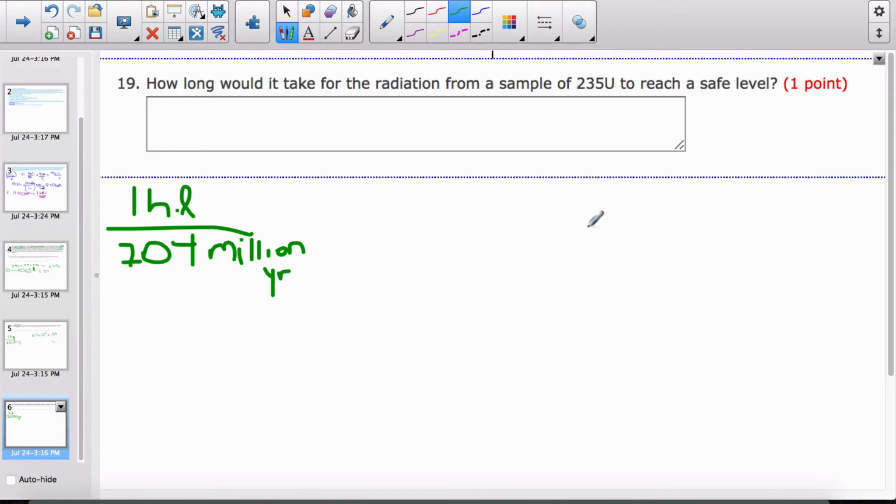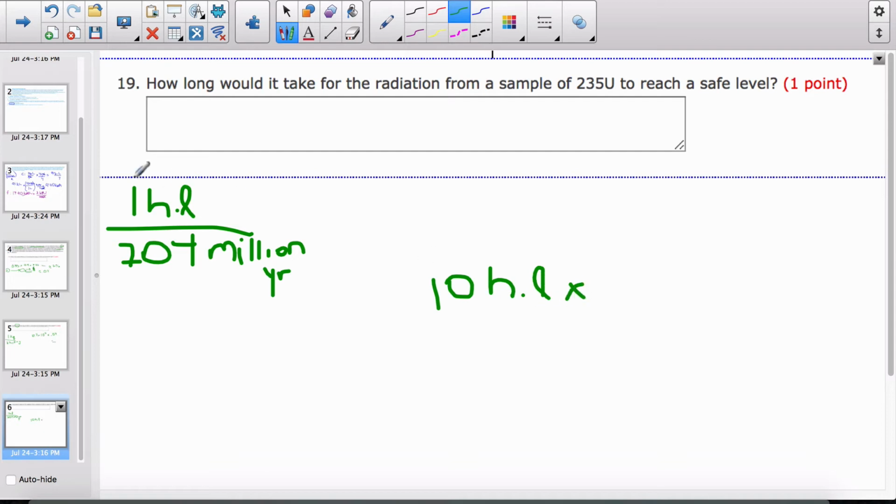I need to get to 10 half-lives, so you already probably know how this is going to work. I know one half-life is 704 million years. In order for it to be safe, it needs to be 10 half-lives. And since they're giving me the conversion, or they're making me start with 10 half-lives, basically they're saying 10 half-lives equals how many million years.